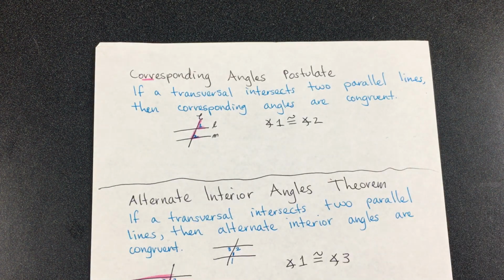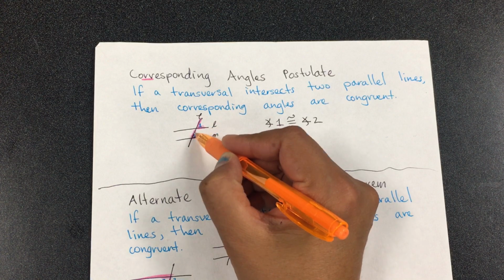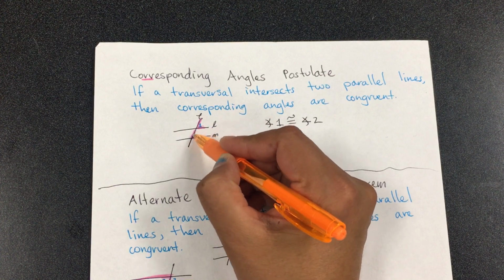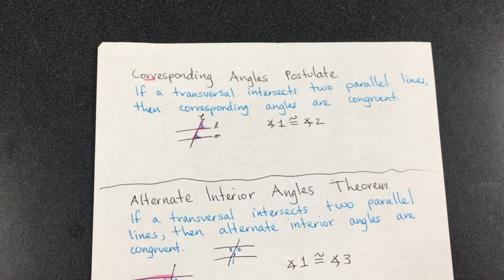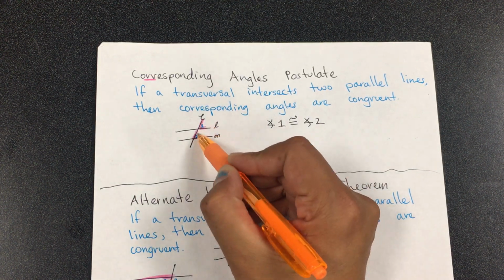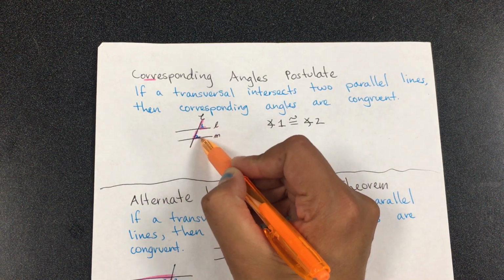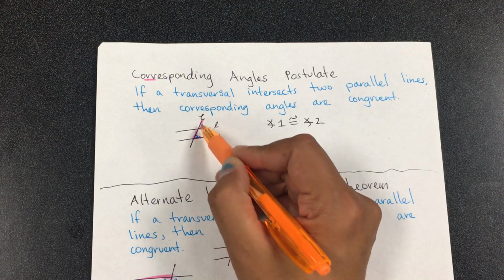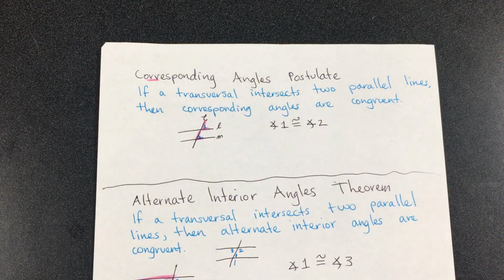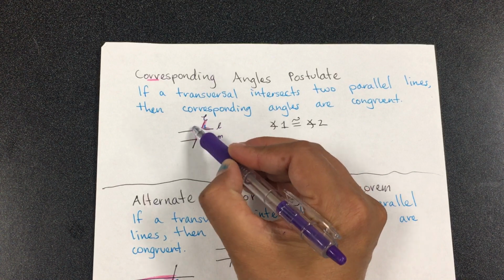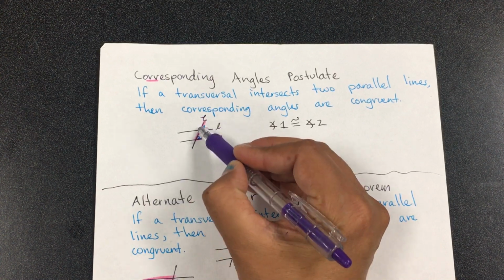And corresponding angles are those angles that I told them, look at this. They look exactly the same. It's like two little boots. You're not going to wear two boots that look different, right? So they look exactly the same, or we call this double L also, but they can also be on the other side. So this is another pair of corresponding angles.